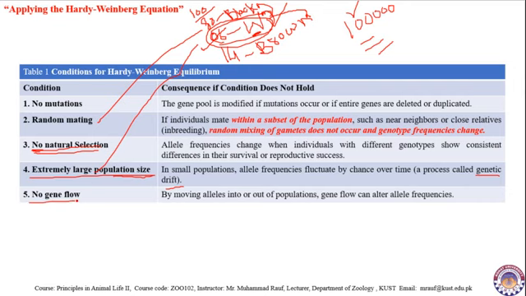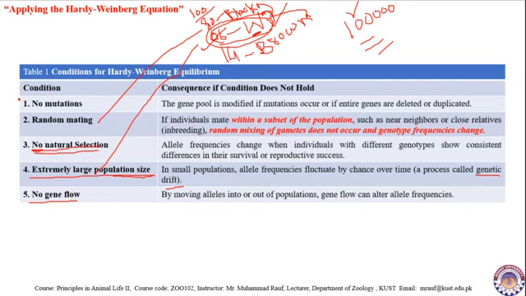Another one is no gene flow, means this population must be isolated from the other populations living in the surrounding areas, and there should be no exchange of genes between the populations. No individuals should migrate outwards, and no individuals from other populations should enter that population.